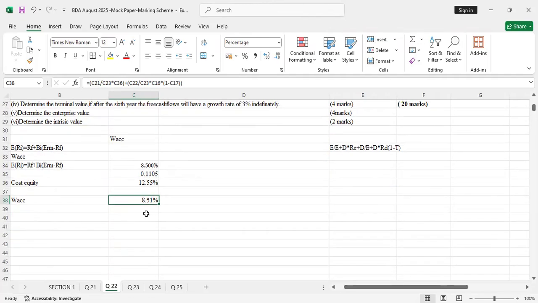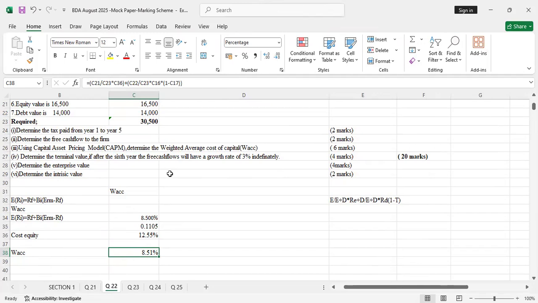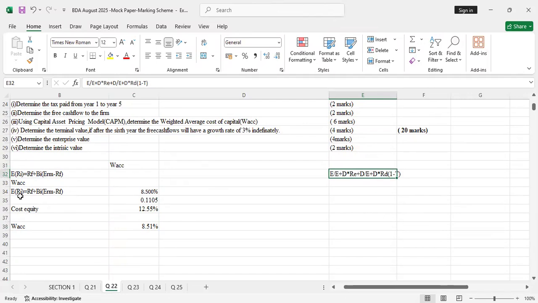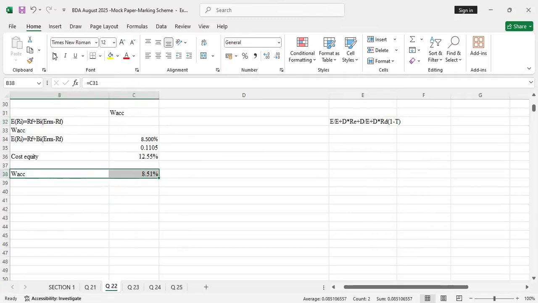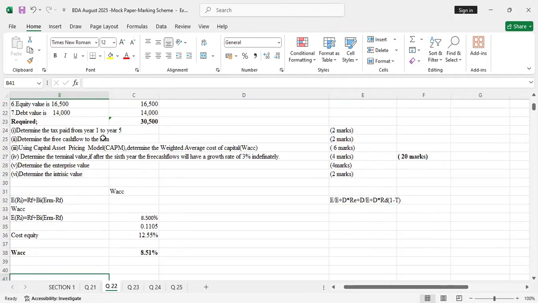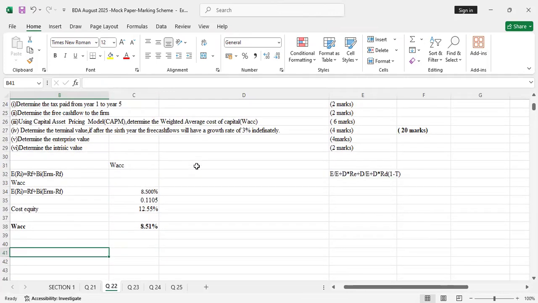And you get 8.51% using the CAPM. So this is the formula. In this question, we are to calculate the cost of equity, which we apply this formula using the CAPM. So our weighted average cost of capital is 8.51. So we have answered that question correctly.